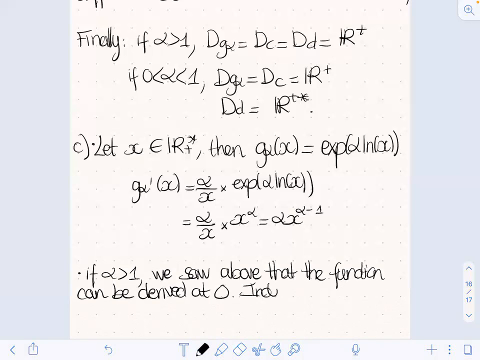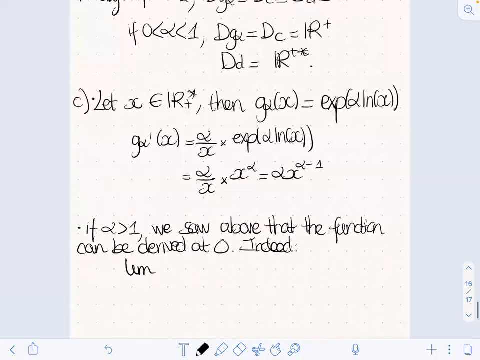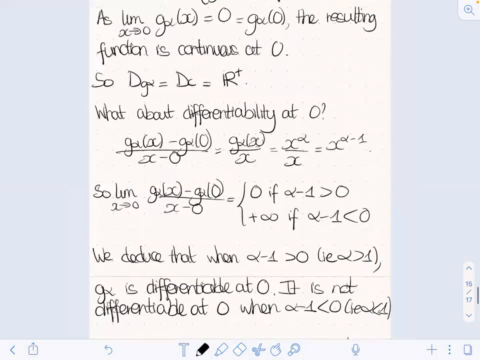Indeed, the limit when x goes to 0 of g alpha of x minus g alpha of 0 divided by x minus 0, as I've proven here, gives us 0.